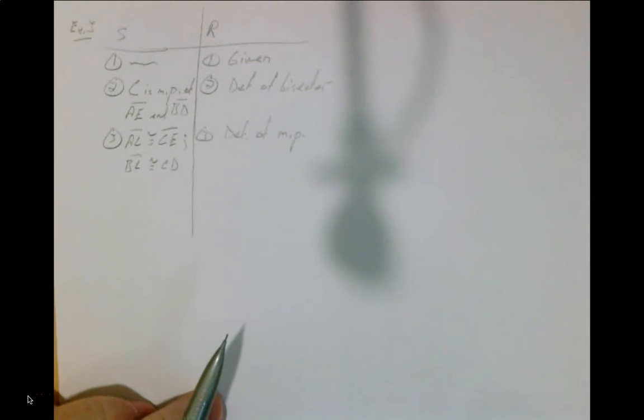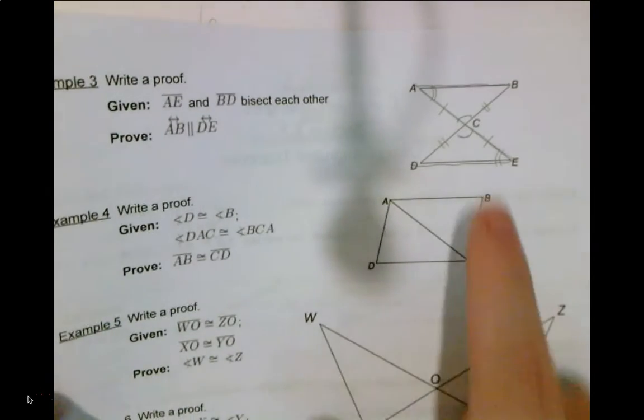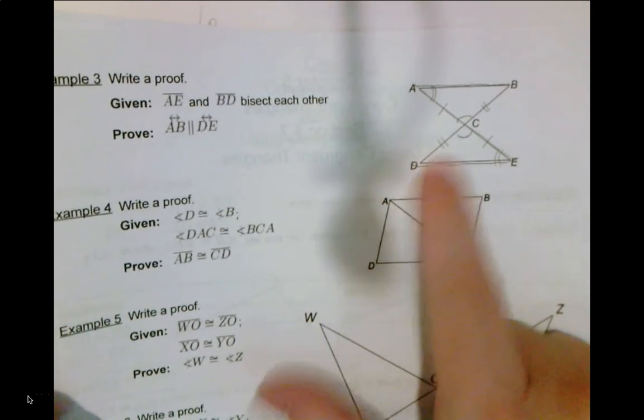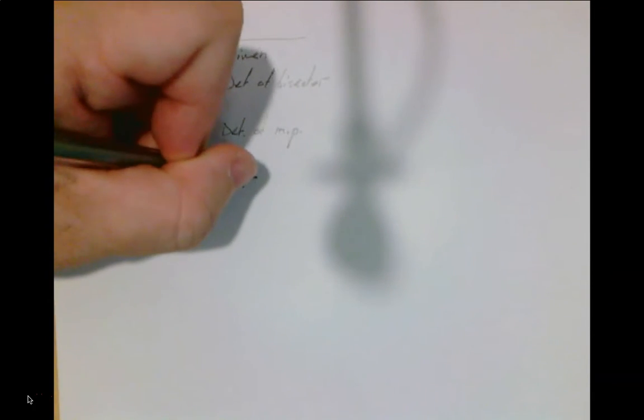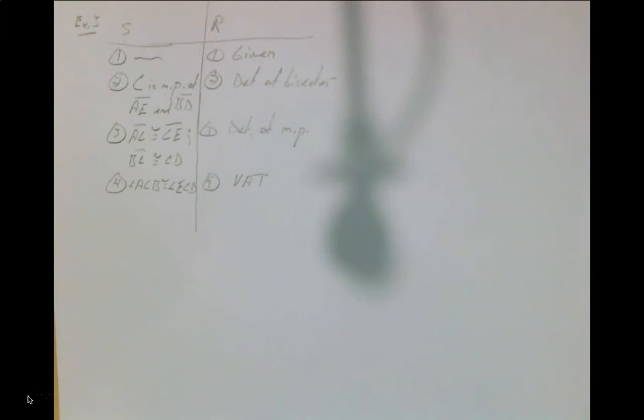The next thing that we did, referring back to my diagram, is we said the vertical angles were congruent to each other. So statement 4, angle ACB congruent to angle ECD. Vertical angles theorem, abbreviated VAT.